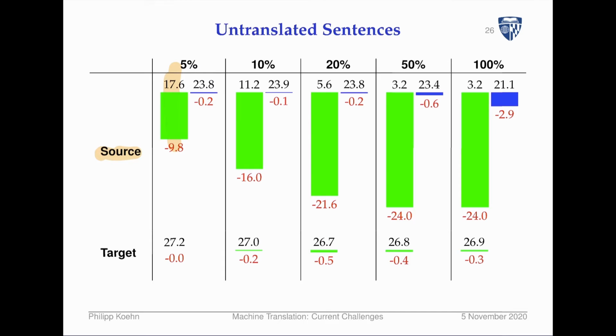It hurts when you do it at the 100% level. It hurts statistical MT too, but for anything lower, it has hardly any impact. If you do it on the target side, so if you take target side text and copy it into the source, it generally doesn't hurt either statistical or neural machine translation.